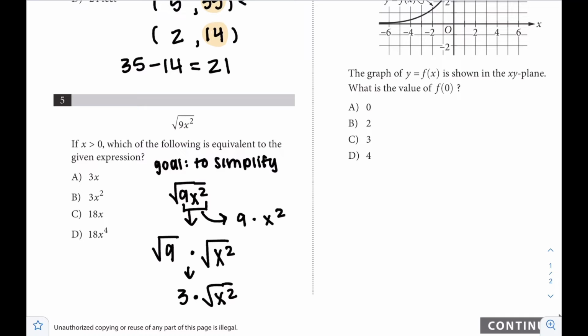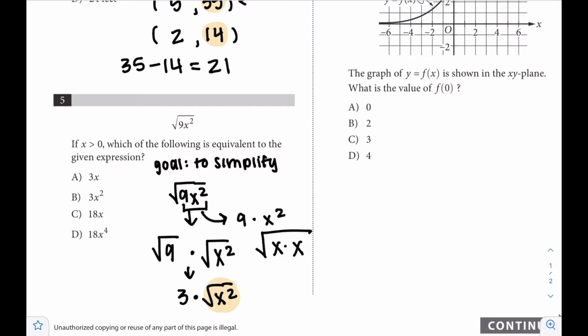We can actually simplify the square root of x squared. And if you think about it, think about what x squared means. x squared is just x times x. And you know that when you're squaring something, it just means that it's a number multiplied by itself.